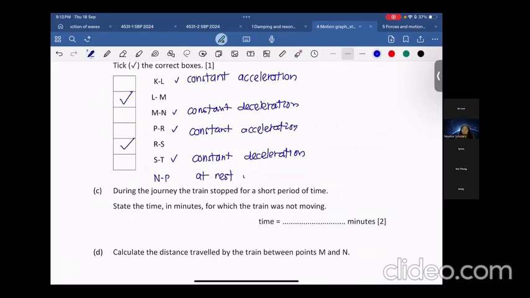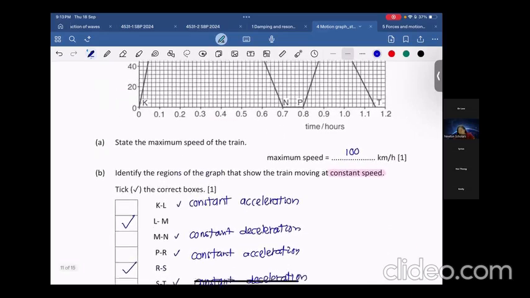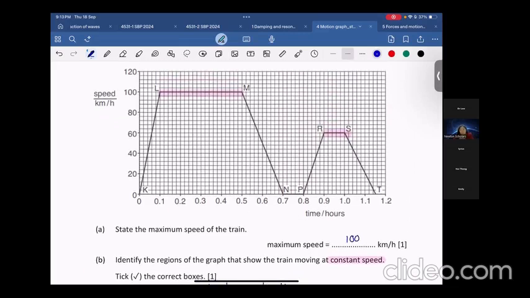Okay, now boys and girls, you try with C. State the time in minute for which the train was not moving. Hui Tong, C correct. How about others? How long the time is not moving in minutes? Hui Tong, D correct. Now we wait for others. Emily, are you able to follow us?